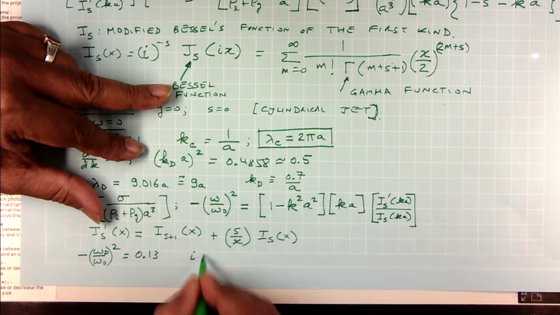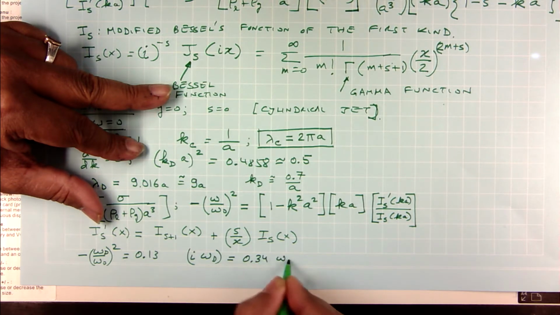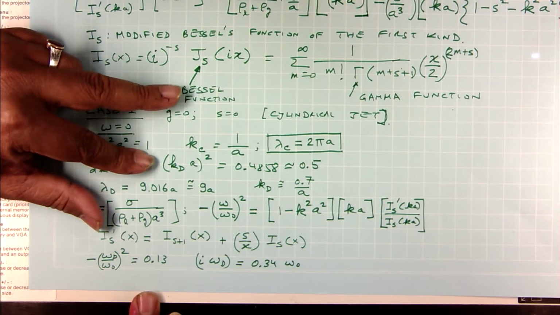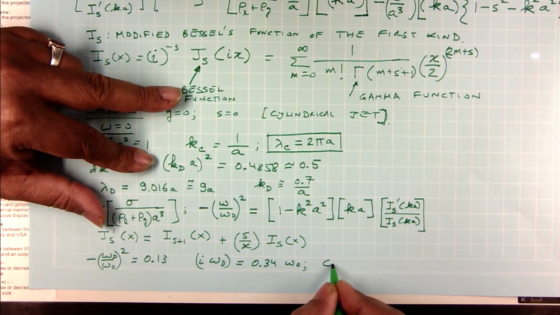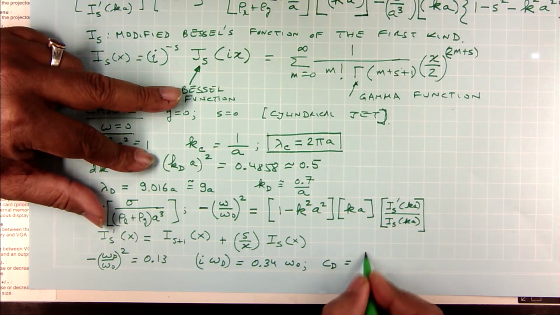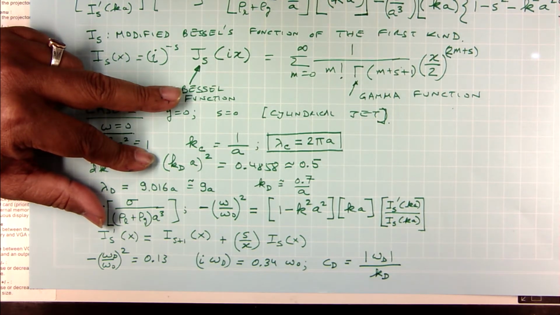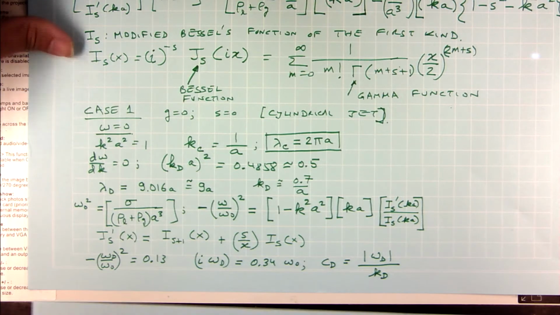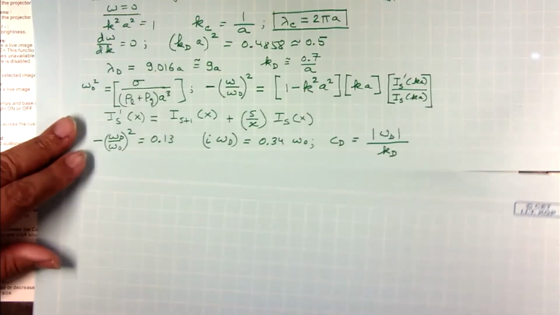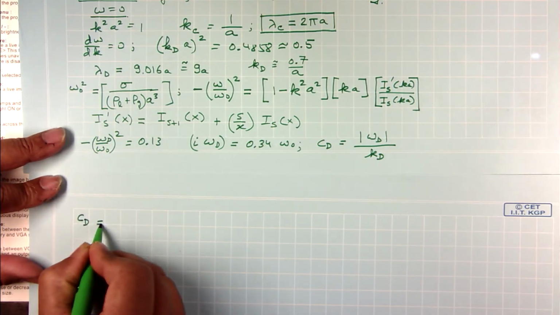So, in other words, your I times omega d comes to about 0.34 omega naught. Now, I can define a wave velocity C d corresponding to the magnitude of omega divided by k d. And if I substitute all the values that I have gotten so far, what I will end up with is the group velocity that looks something like this.